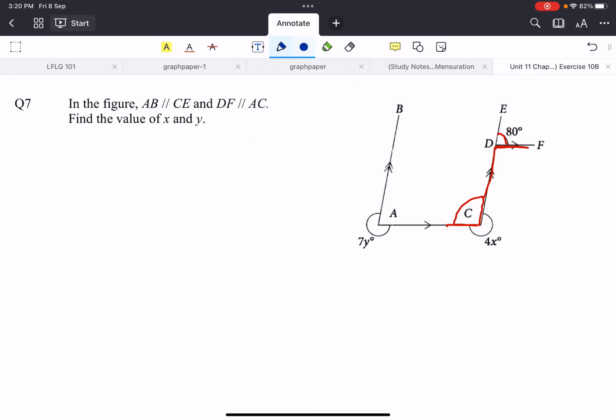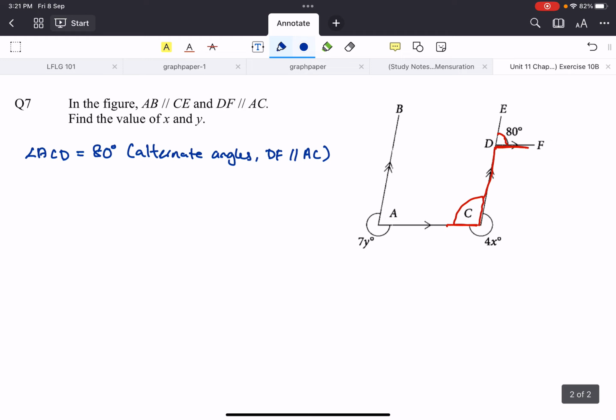right? So we can say angle ACD is equals to 80 degrees, and the reason, alternate angles, whereby DF is parallel to AC. So that is 80 degrees over here, right? So what happened now?